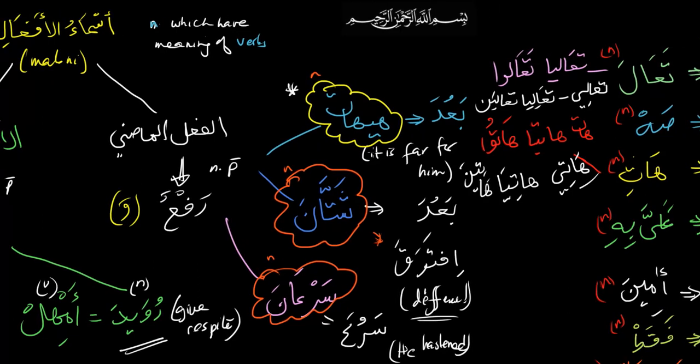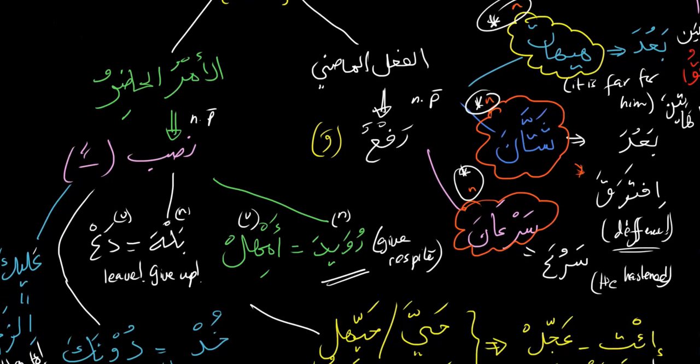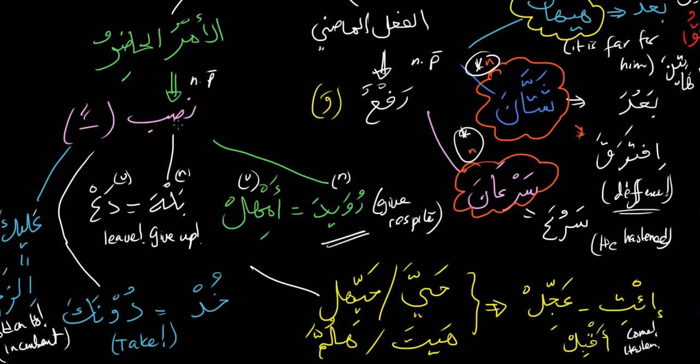And shattana, the same thing as ba'uda, how different it is, or what a difference there is between this and this. And sar'ana, which has the meaning of sara'a, he hastened. So these are three examples of nouns that have the meaning of verbs in fi'l madi.